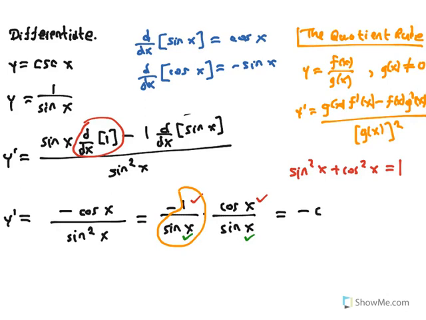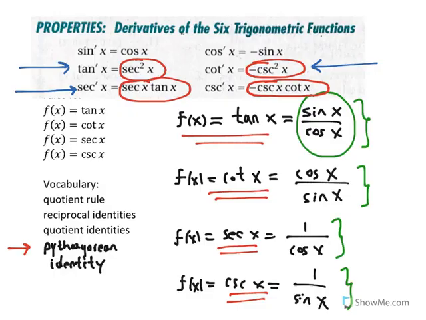So that gives you negative cosecant x. And for the second fraction, using a quotient identity from trigonometry, we know that cosine over sine is cotangent. And now we have simplified the derivative for the cosecant function. The derivative of cosecant x is negative cosecant x times cotangent x. And of course, we see that right here. The derivative of cosecant x with respect to x is negative cosecant x times cotangent x.